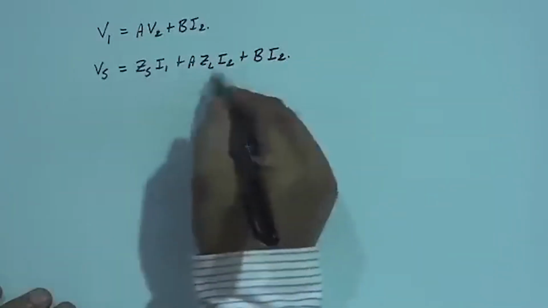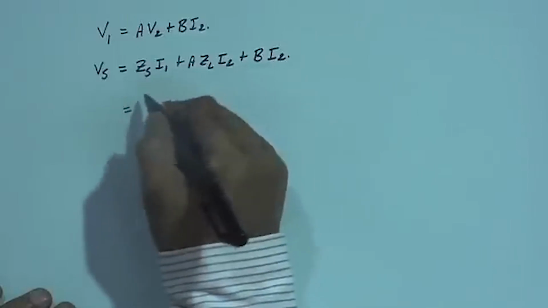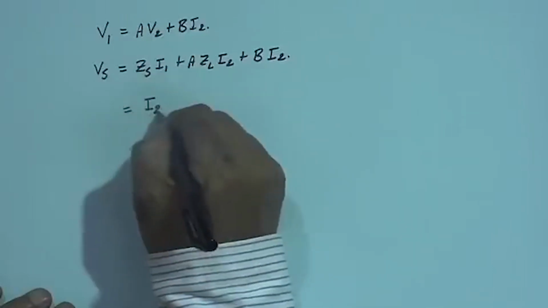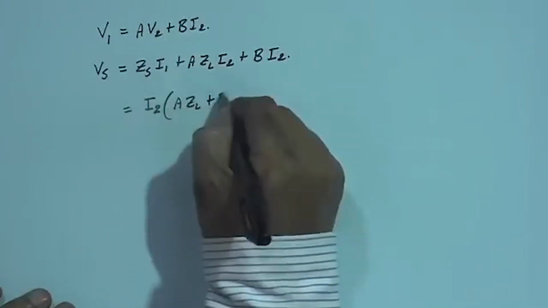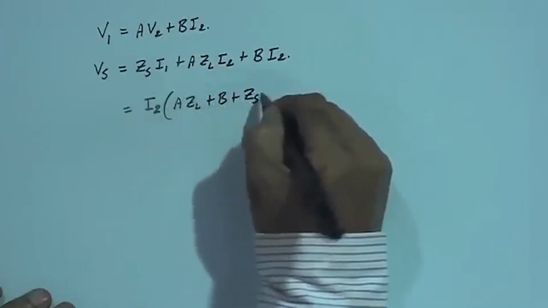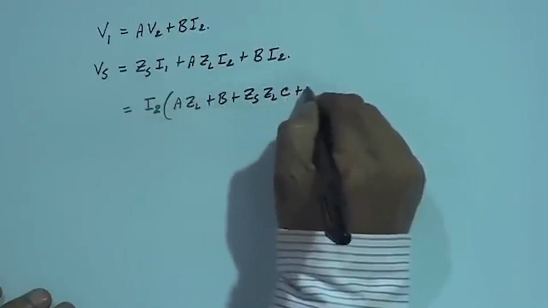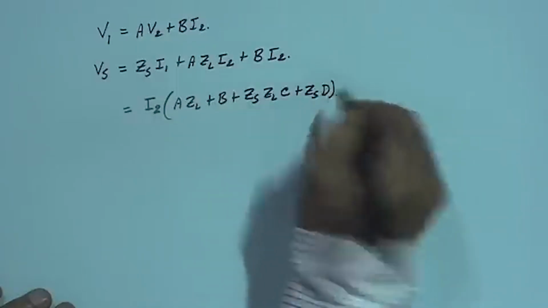Finally, by manipulating, this becomes I2 times (A Zl + B + Zs Zl C + Zs D).